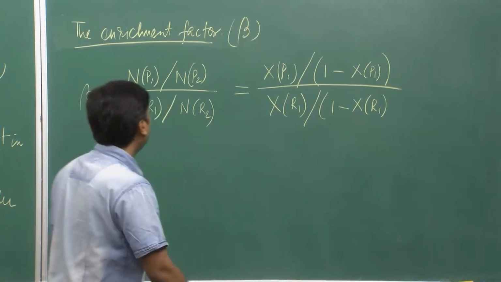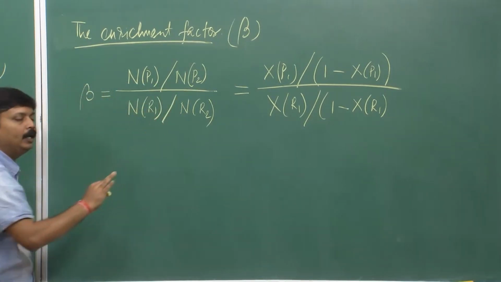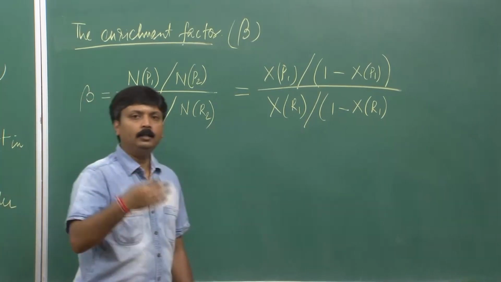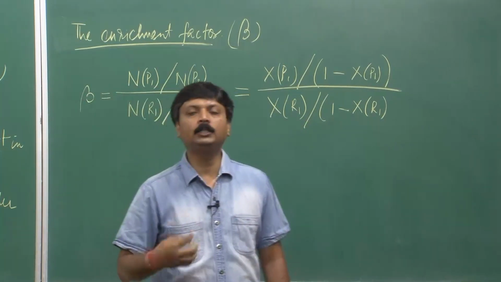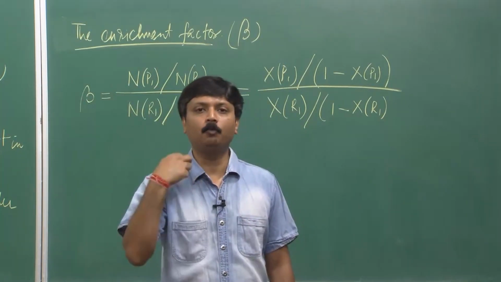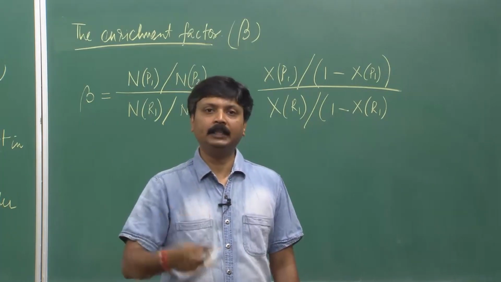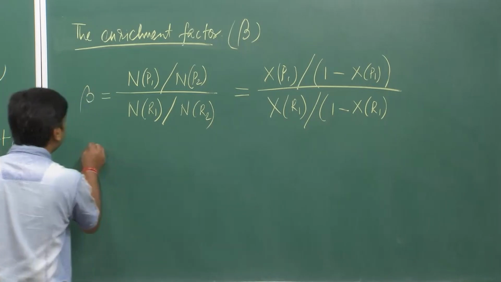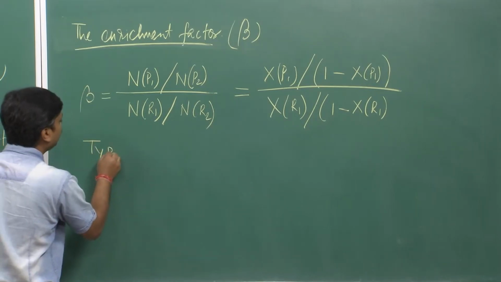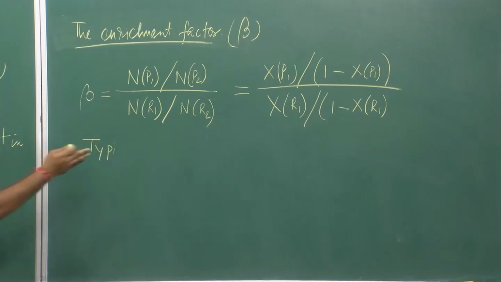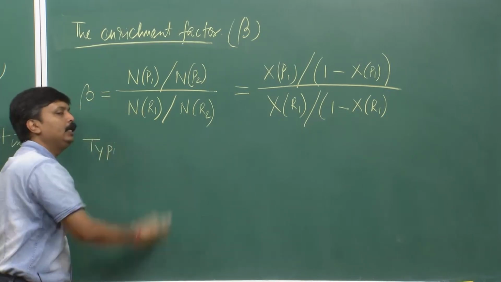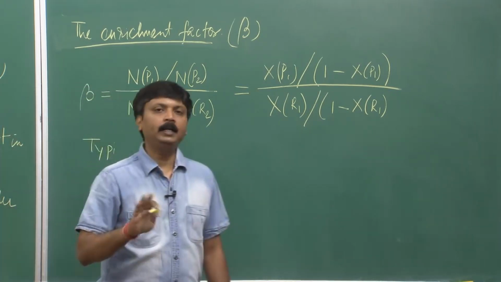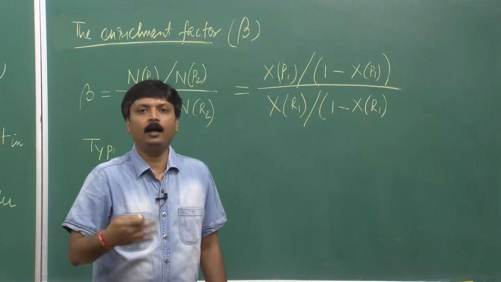Okay. Now, looking at the value of beta, I can get how much relative abundance of one isotope has been achieved over the others. Okay. And you can figure out from this expression that beta must be greater than 1 to have the desired thing, right.